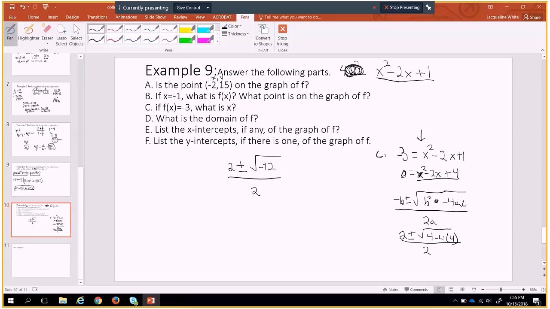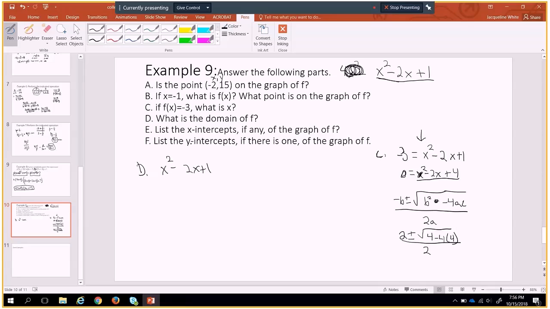All right, so let me just erase that. Part D, what is the domain of f? This is kind of a callback to what I said before. This x squared minus 2x plus 1 reminds you of what type of equation? A polynomial, right? So what did I say about the domain of any polynomial?